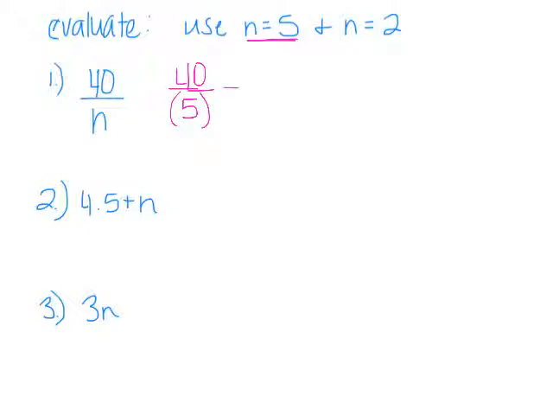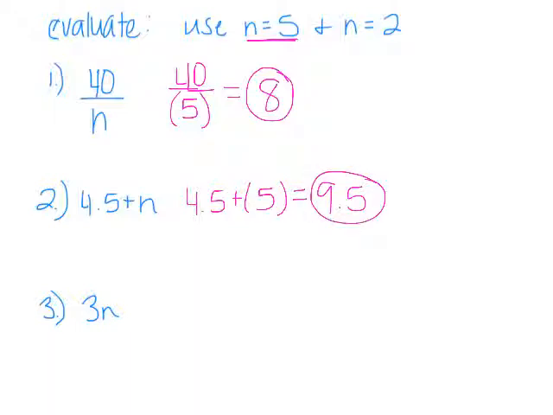So 40 divided by 5 equals 8. Then I have 4.5 plus 5. When I evaluate 4.5 plus 5, I get 9.5. And then my last one, I have 3 times n, so 3 times 5 equals 15.